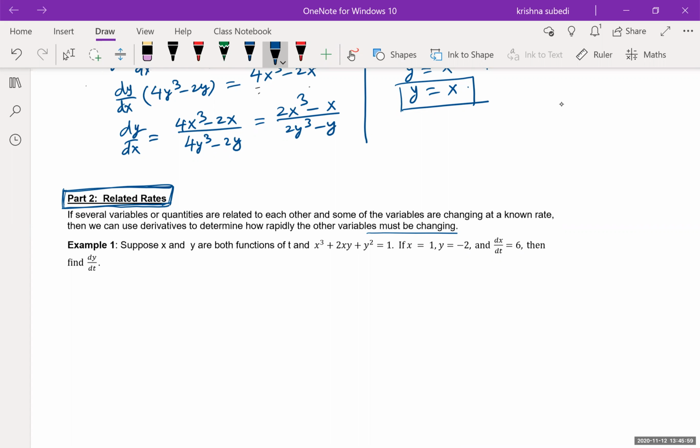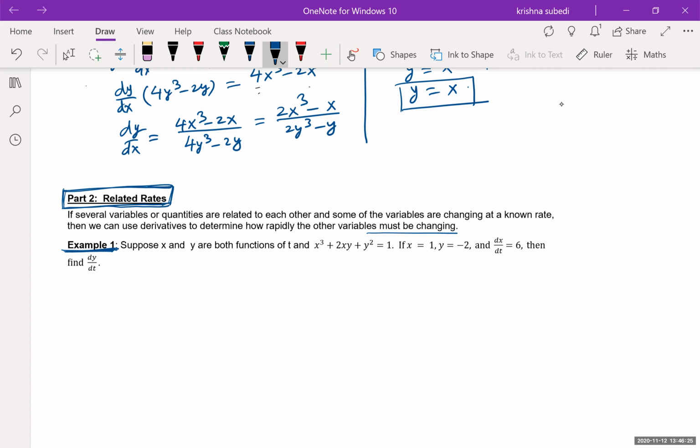Before we actually solve problems from real world situations, let us quickly do one simple question. What I mean is differentiate with respect to t, differentiate with respect to time. Let us learn that skill and then apply it to solve real world problems.